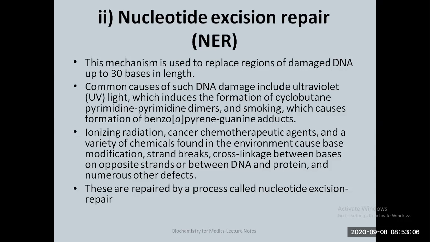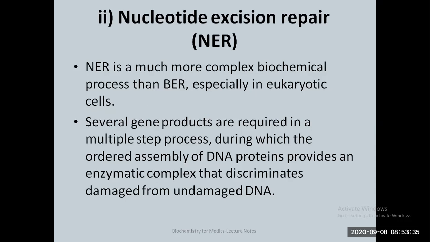They cause base modification, strand breaks, cross linkage, as I told you in the previous class. They completely change the structure of DNA. And of course, once the change happens, the protein will be non-functional or non-active. So these are repaired by a process called nucleotide excision repair. It's a much more complex process than BER, because BER is a very simple process, especially in eukaryotic cells.